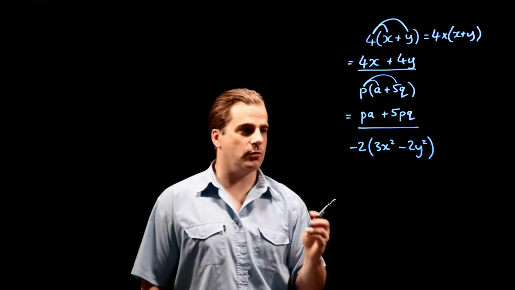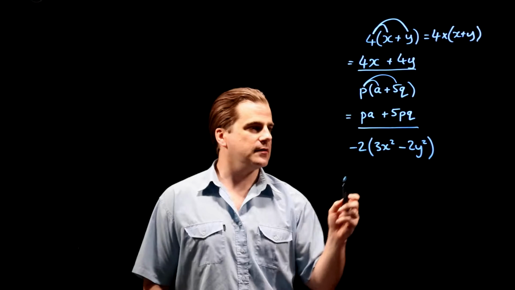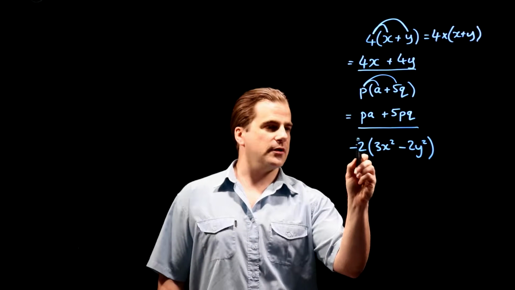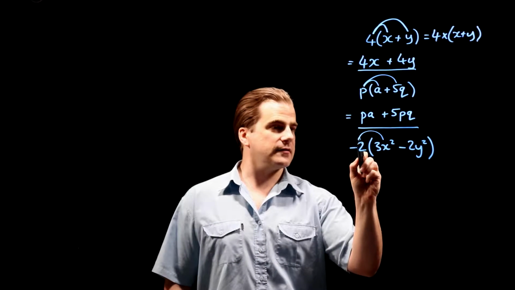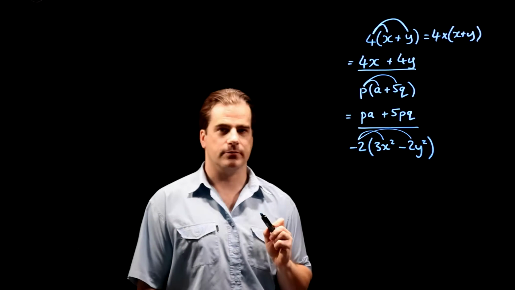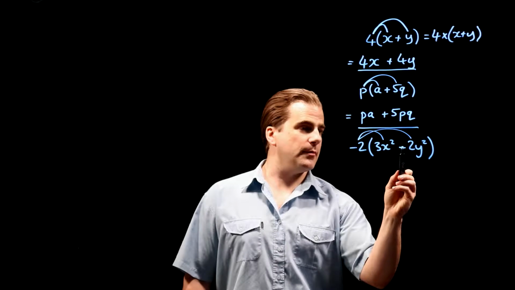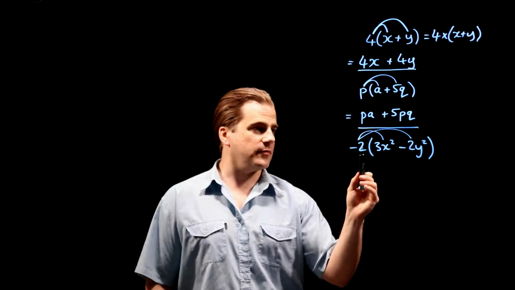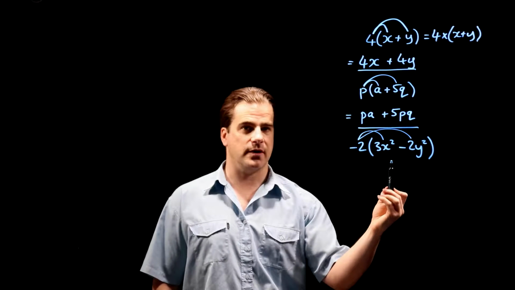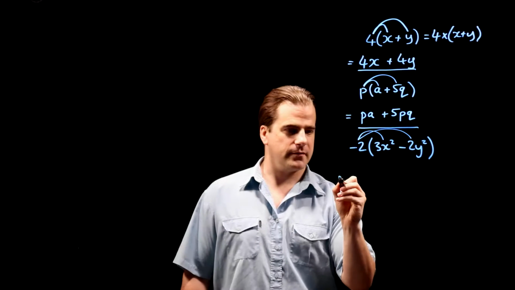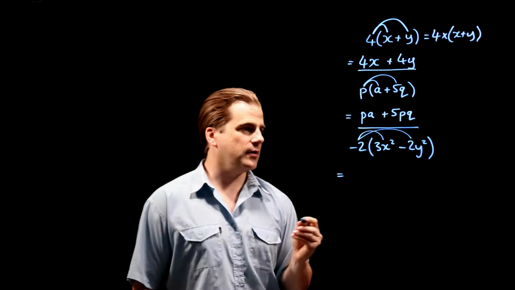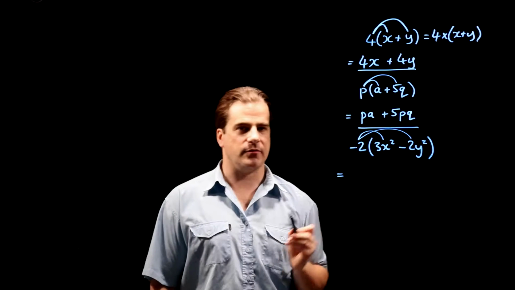Treat that as all one term, okay? Same thing as before. We're going to do that times the first term, and then that times the second term. And again, that minus belongs to the second term. The second term is minus 2y squared. Don't forget the minus.